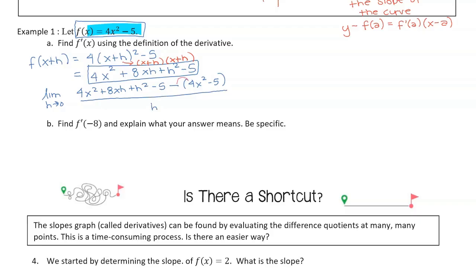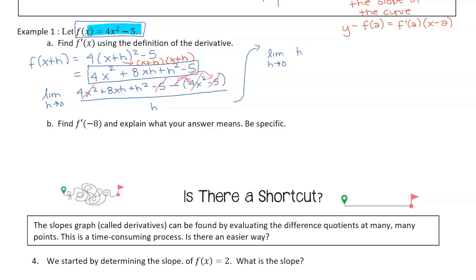Now the negative distributes into 4x squared, so the 4x squareds go away. This negative also distributes into the minus 5, turns that into a positive 5, so the positive 5 and negative 5 go away. And I am left with the limit as h approaches 0.